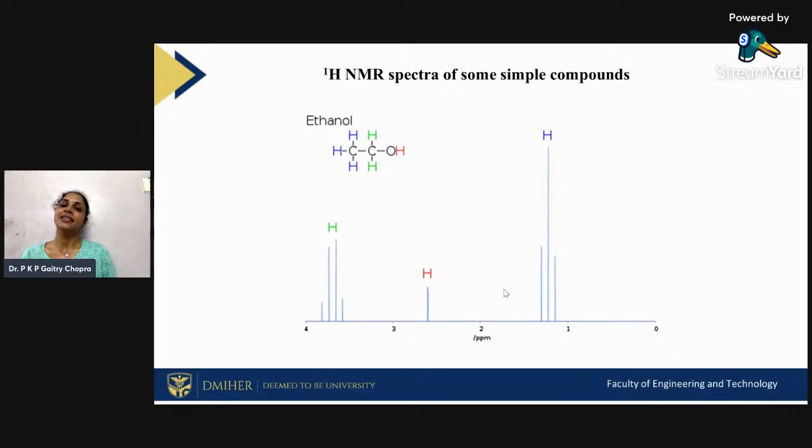CH3 is still very far away. So while considering the splitting of CH2 protons, we are only considering the interaction of CH2 protons with the protons of CH3.